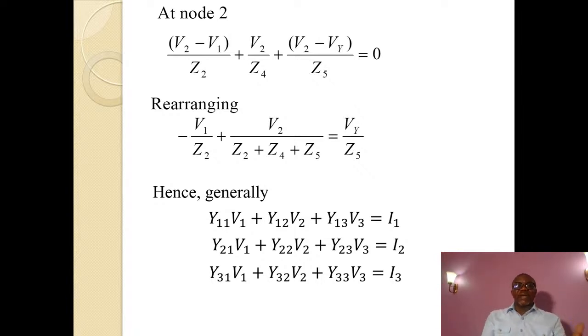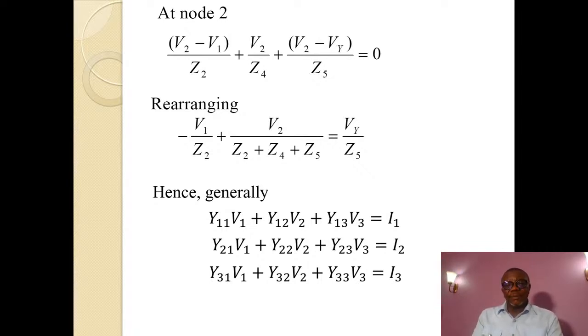So if you rearrange it to have V1, V2, and Vy on one side, then you have a general formula, just like we had in the matrix before: Y11 V1 plus Y12 V2 plus Y13 V3 gives you I1.